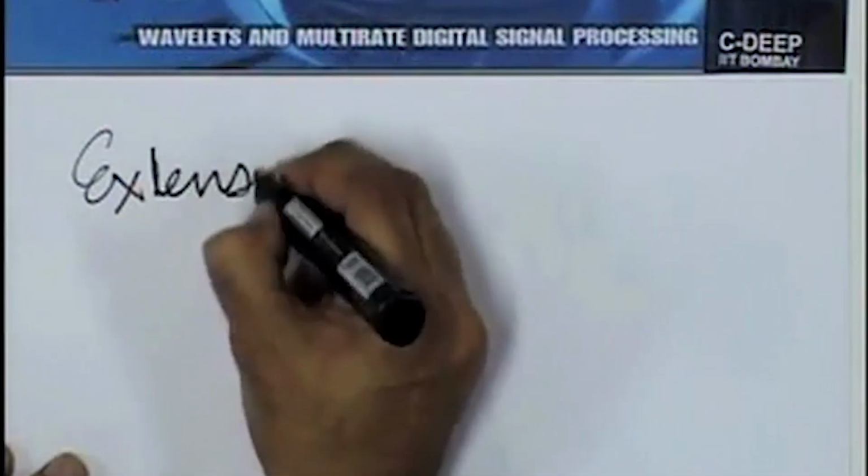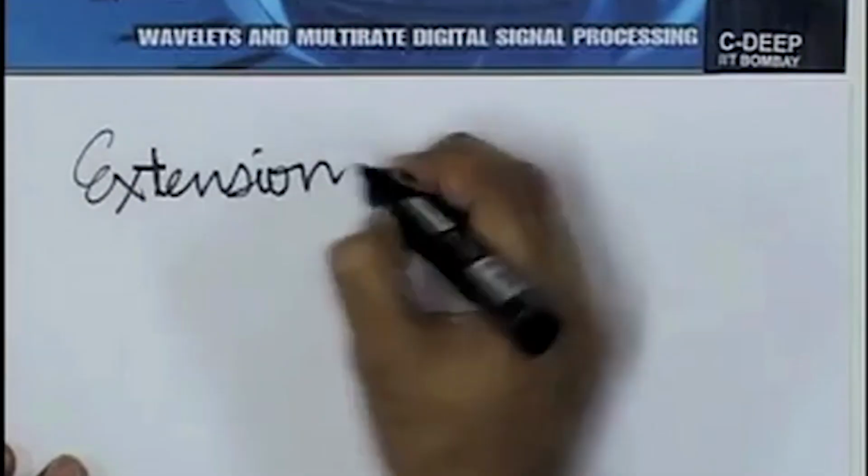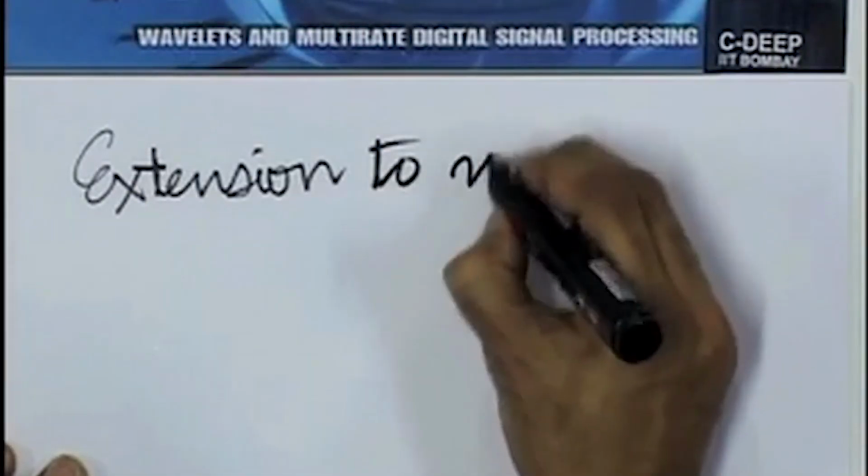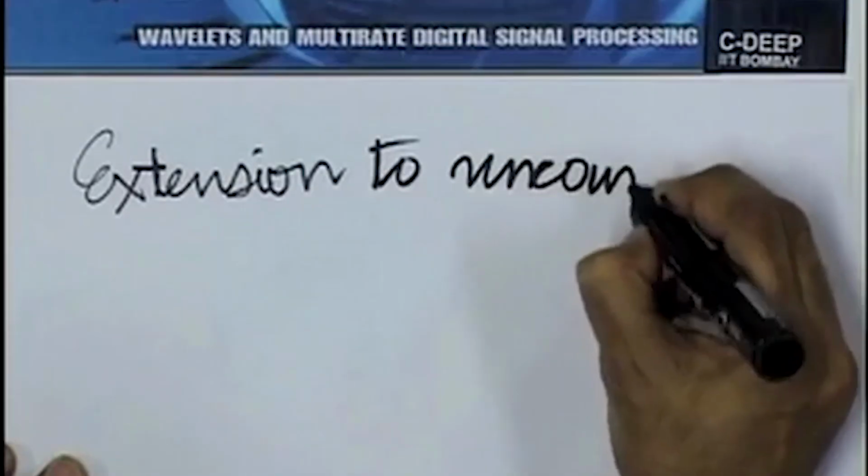Now let us move to uncountably infinite dimension. So suppose I take a function of the continuous variable t. How can I extend these notions? So, extension to uncountably infinite dimension.